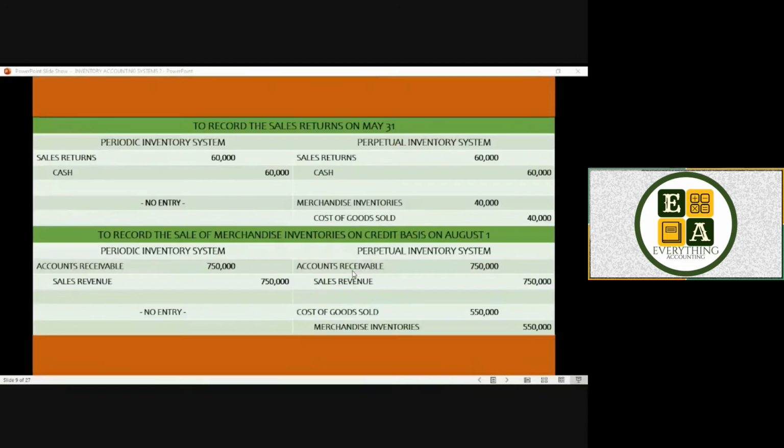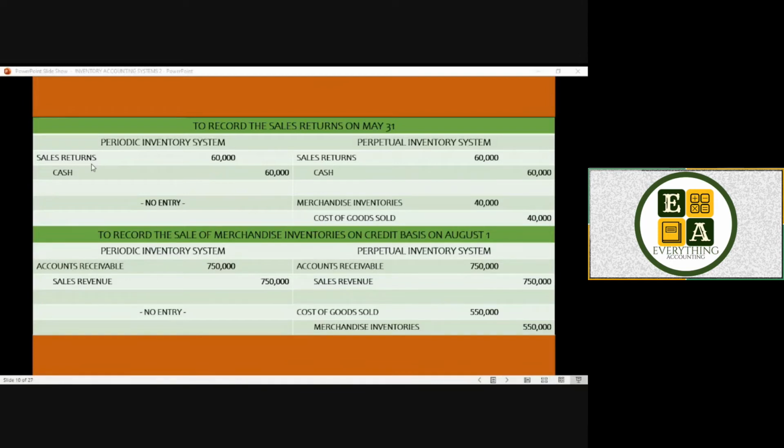So sa May 31, yung journal entry natin dyan, to record the sales return on May 31 sa periodic inventory system, debit tayo ng sales return, credit tayo ng cash. By the way, yung sales return is a contra sales account. Yung purchase return naman kanina is a contra purchase account. Ibig sabihin, deduction.